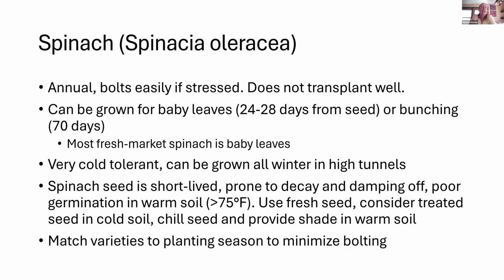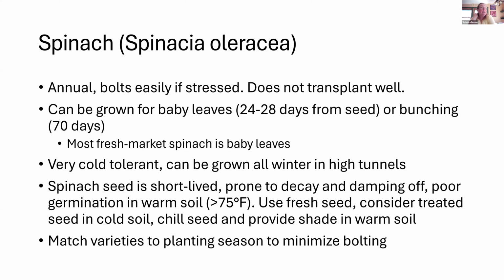If you're planting into warm soil, you want to chill your seed for at least 24 hours before planting and then provide shade. And you definitely, again, want to really overplant spinach seed if you have any doubts as to its freshness.